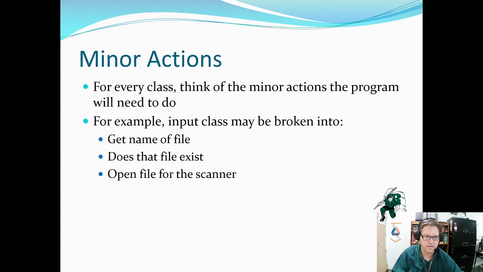Every class needs to have minor actions for the program to do. So if you have a class that just reads in stuff, you could have all your input in a single class if you wanted to, and it would do things like get names of files, tell you if files exist, get a scanner for that file and return it to you.